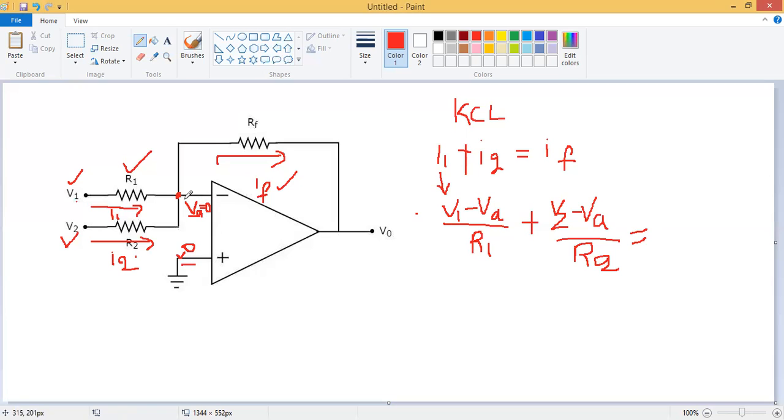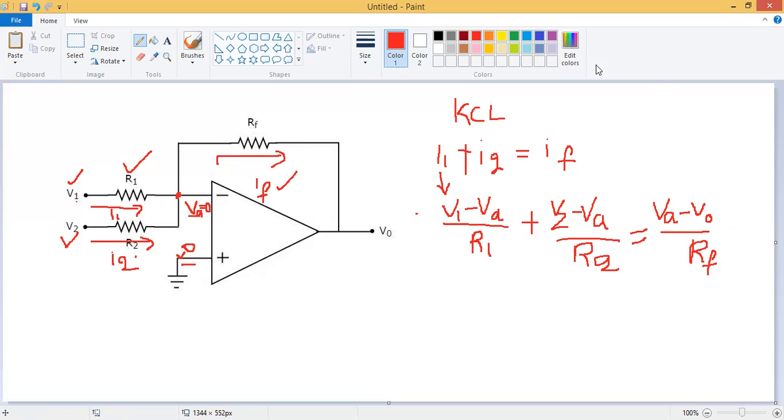What is IF? IF is equal to VA minus V0 by RF. As we know, the VA value is 0 because these two terminals are virtually grounded.